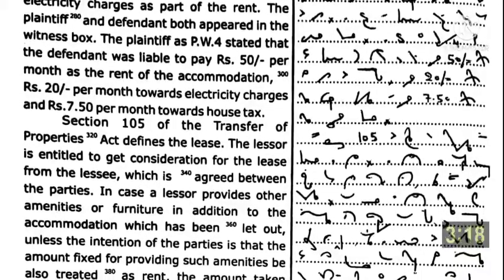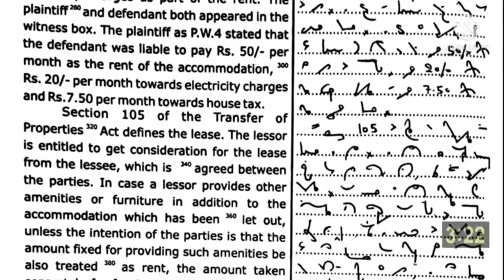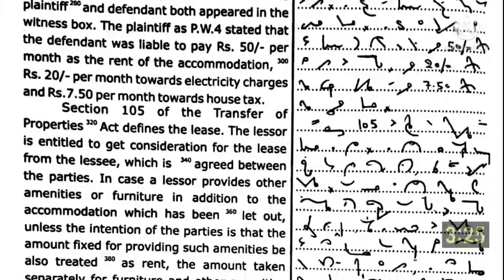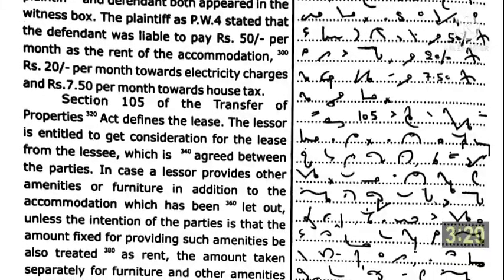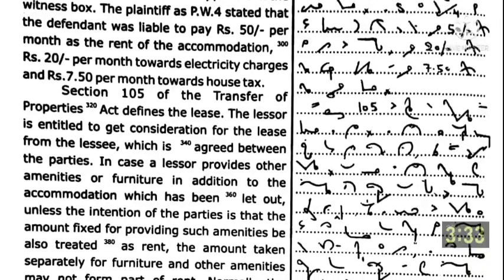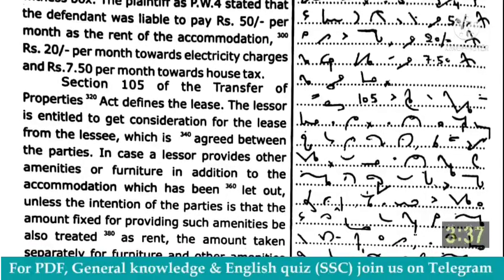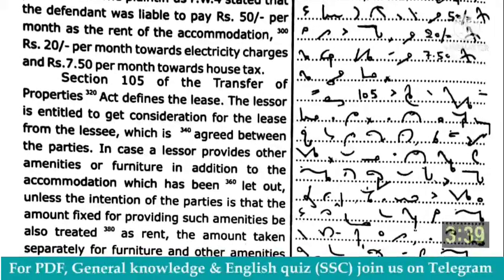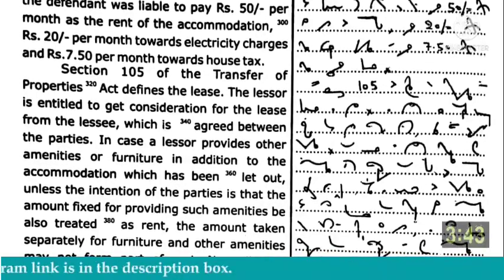The plaintiff as PW4 stated that the defendant was liable to pay rupees 50 per month as the rent of the accommodation, rupees 20 per month towards electricity charges and rupees 7.50 per month towards house tax.